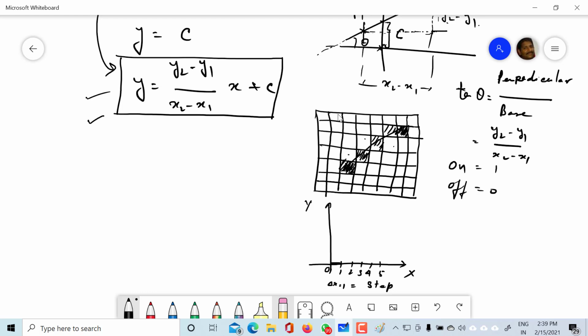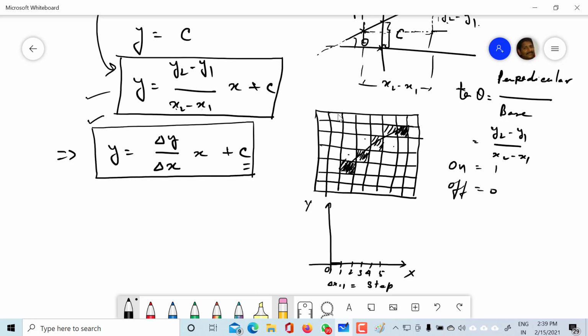Now, this x2 minus x1 you can write as delta x, and this y2 minus y1 you can write as delta y. So I am rewriting the equation as y equal to delta y upon delta x, times x, plus c. So this is the equation of a line. One more thing: because this c is an unknown value here, first of all let us remove it.